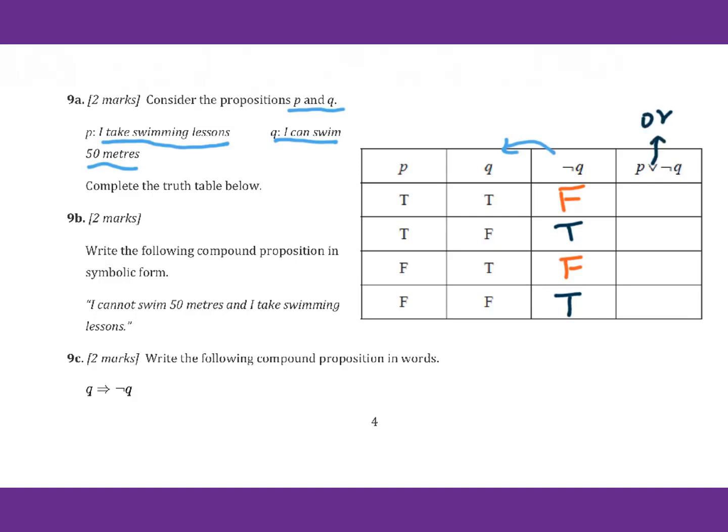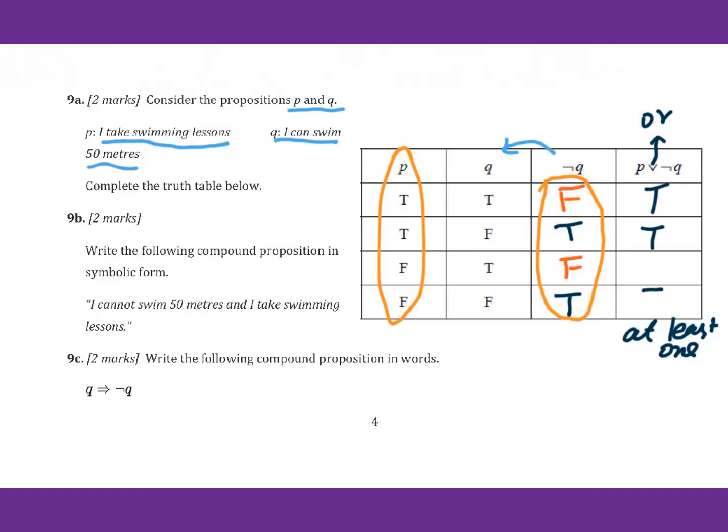This means or. The keyword is that to be true, at least one must be true. Therefore, check these two columns. At least one is true. True, true, true. This will be false.